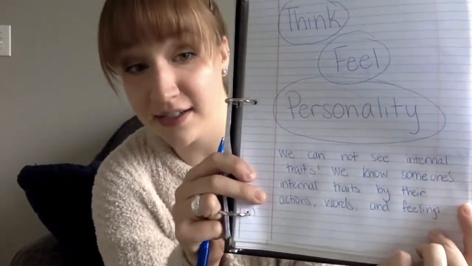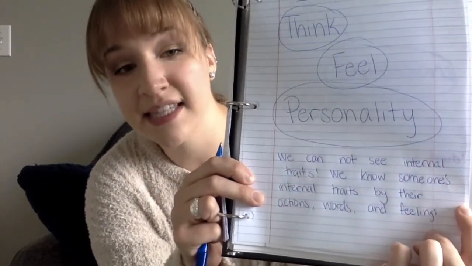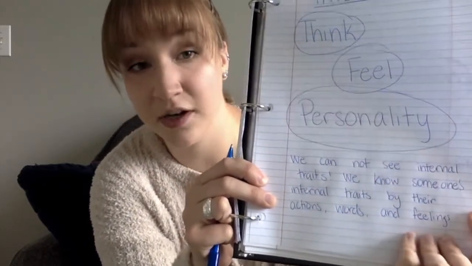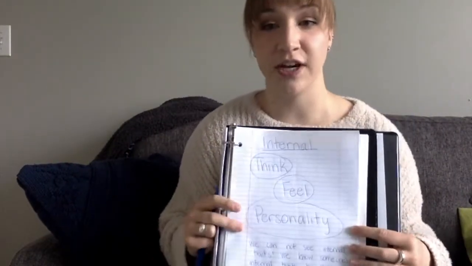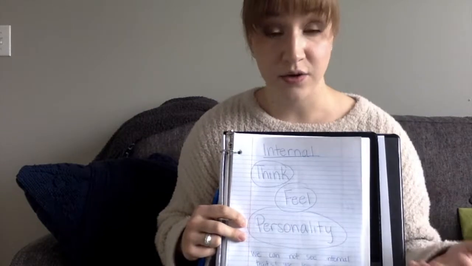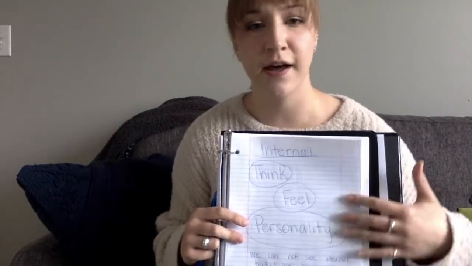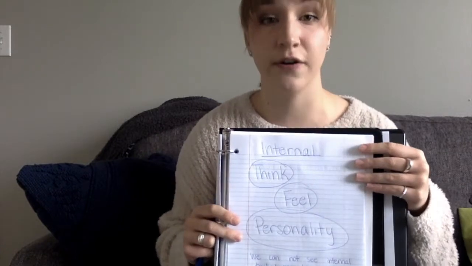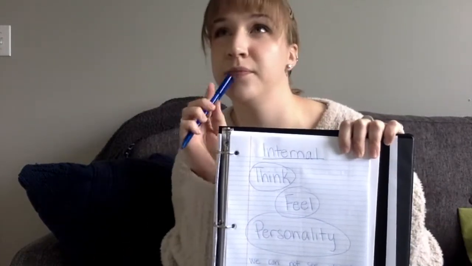So we cannot see internal traits. We know someone's internal traits by their actions, their words, and their feelings. So some examples of internal traits would be kind or nice or funny or smart. It's what they think or feel. Let's see, what are some other things?